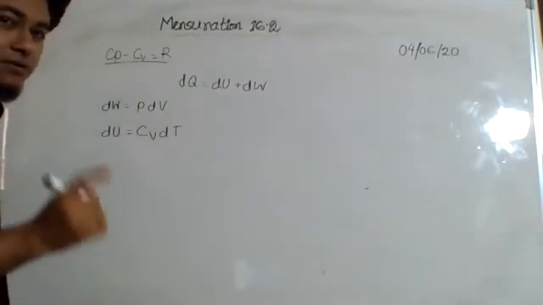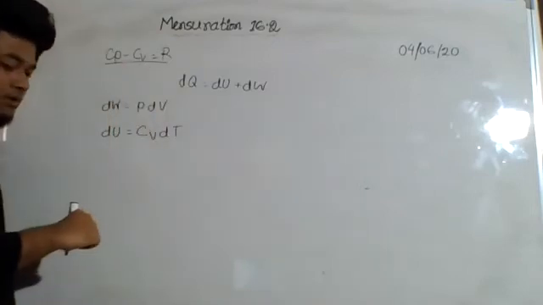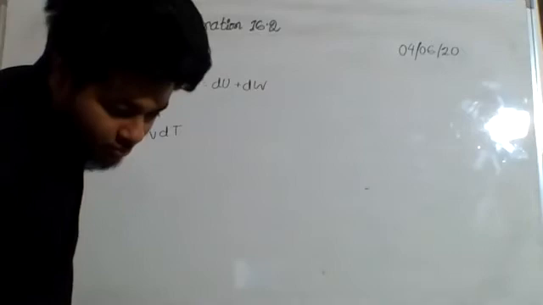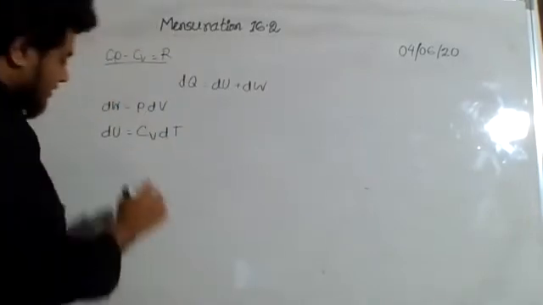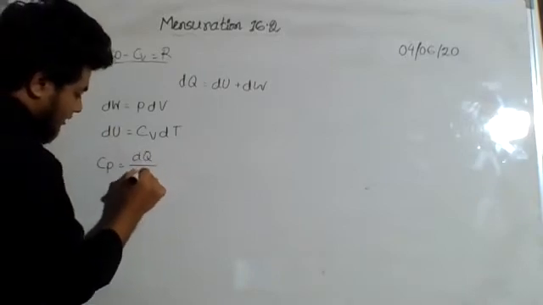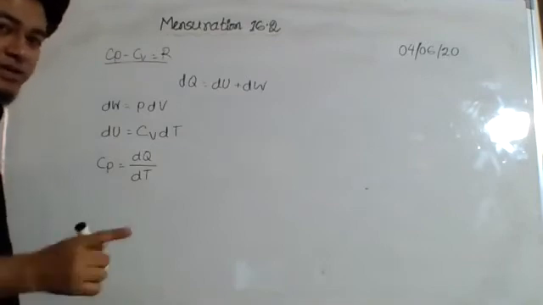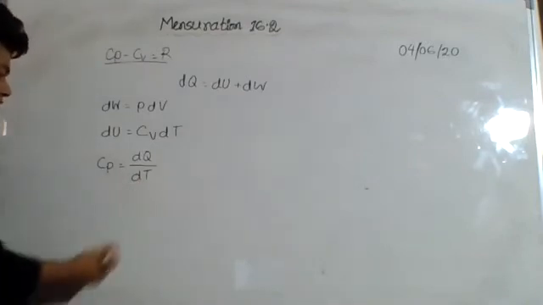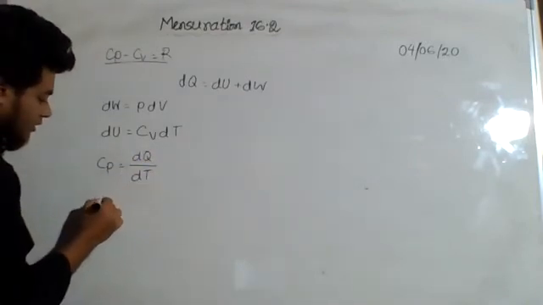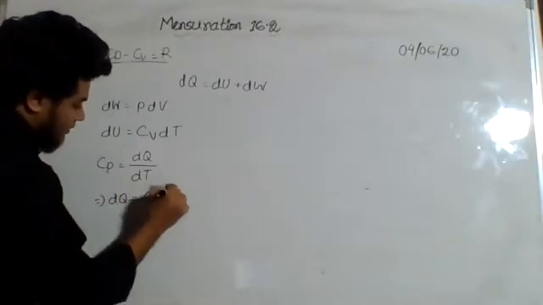We are considering it for 1 mole of gas, right? Now, what is dq? For constant pressure, Cp is equal to dq by dt. It is generally mdt, but we have considered 1 mole of gas now, so m is not there anymore because the value of m is 1. So dq will be equal to Cp dt.